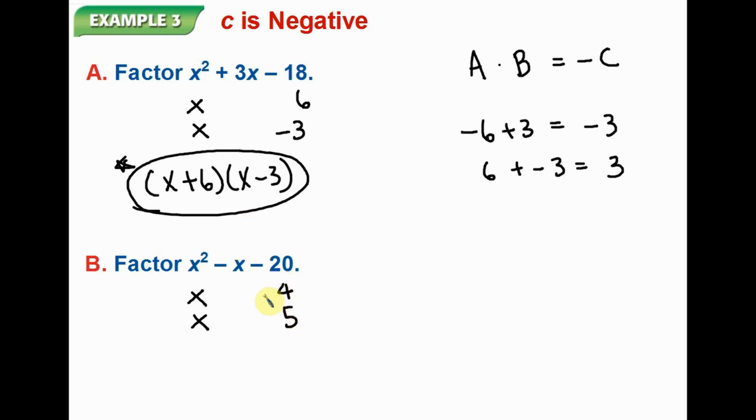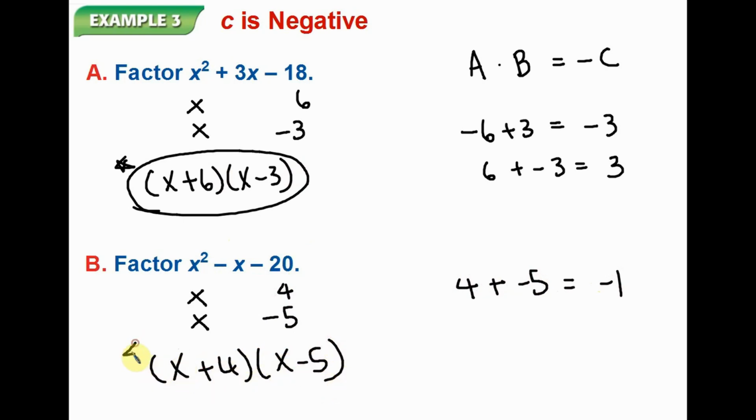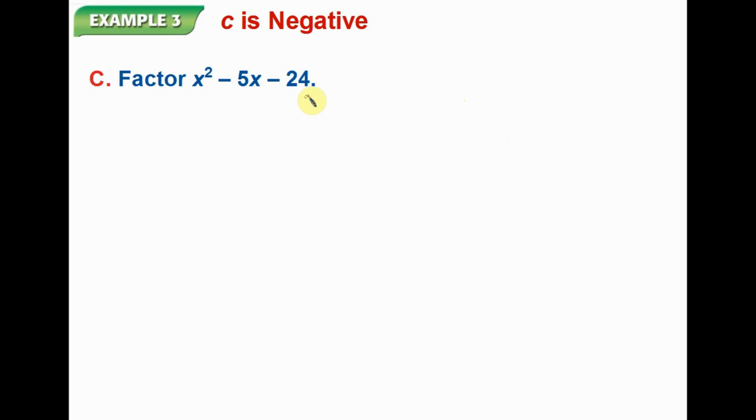Instead, I need to have negative. So if I put negative 1 here, 4 plus negative 5 will be equal to negative 1. And that's how I know x plus 4 times x minus 5 will be the factor form of x squared minus x minus 20.